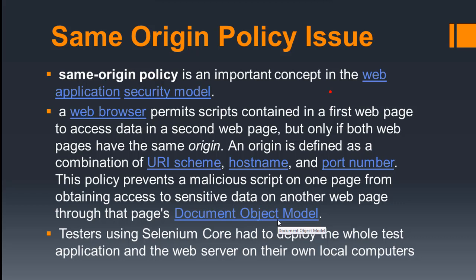Web browsers permit the first page to access data in a second web page only if it has the same origin, meaning the same URL, the same host name and the same port number. It is much more on the security side, and it doesn't allow you to share data between two different host names.